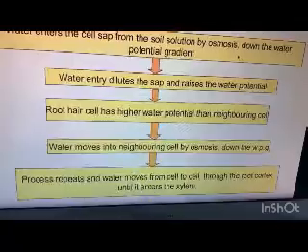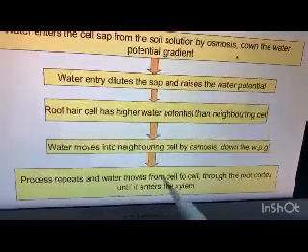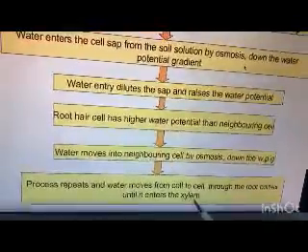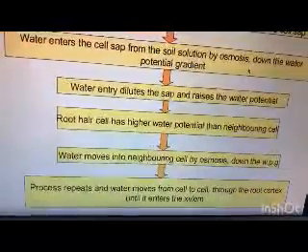From there, the process repeats and water moves from cell to cell through the root cortex until it enters the xylem vessels.